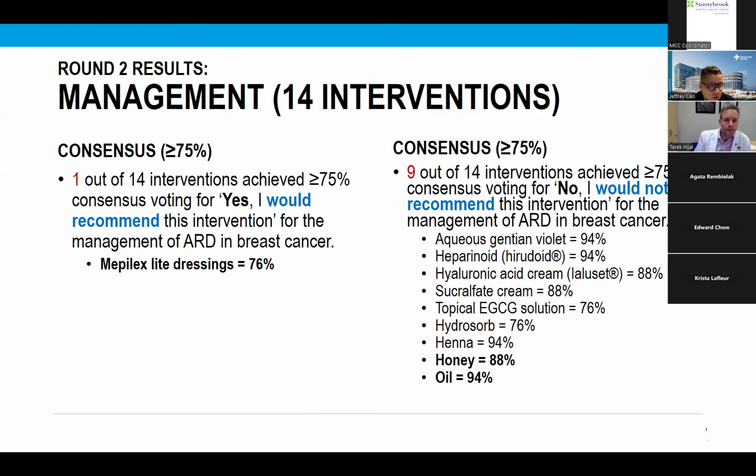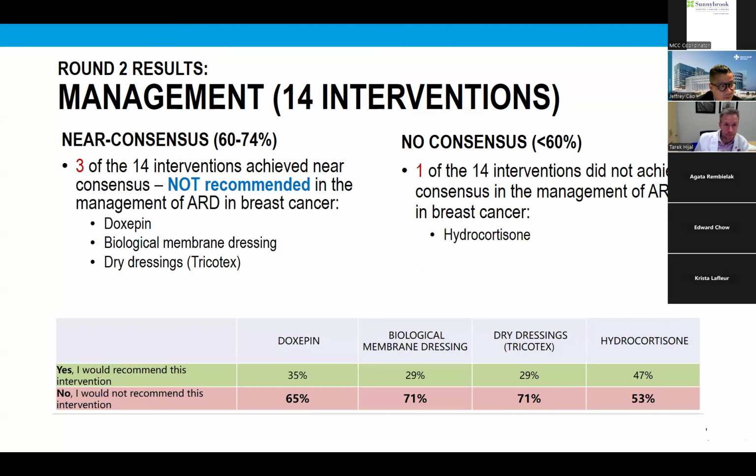In terms of management, Mepilex Lite was found to achieve consensus for the management of acute radiation dermatitis in breast cancer. And there was consensus for a bunch of products that we would not recommend. Again, honey and oil being notable interventions that we would not recommend in Canada. In terms of near consensus, despite round one saying that doxepin, which is a tricyclic antidepressant, has evidence in favor to prevent or manage radiation dermatitis, a lot of us wouldn't recommend it.